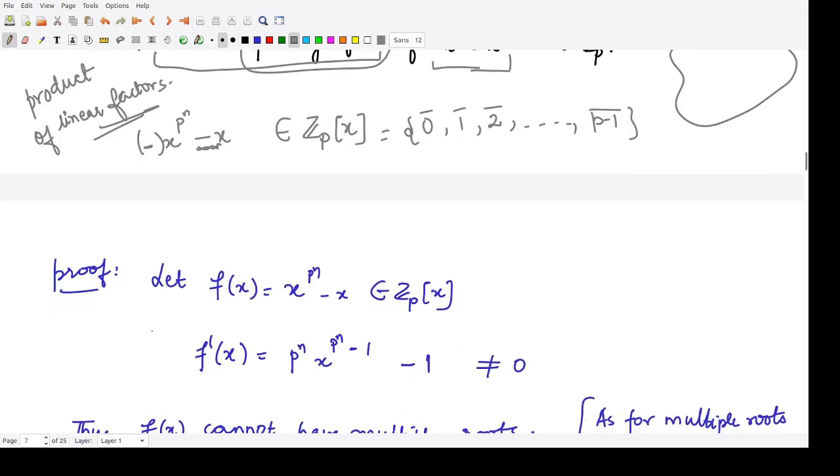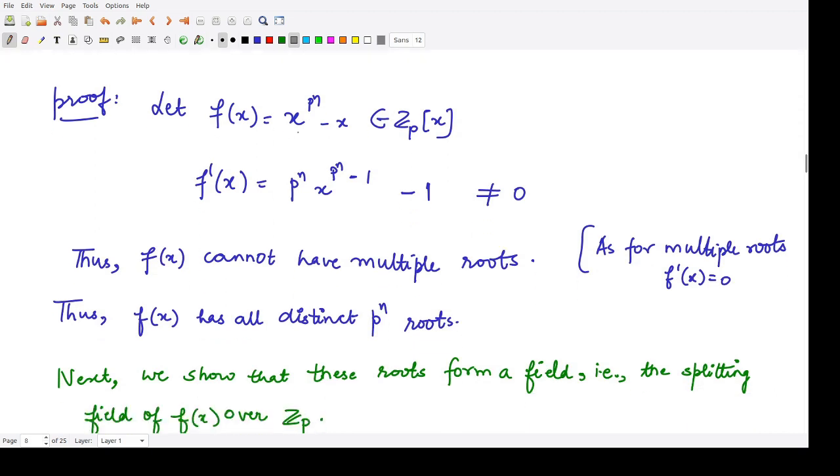So let us see its proof. For the proof, we name this polynomial x to the power p^n minus x as f of x. So what would be its derivative? The p^n would come in front, and we would have x to the power p^n minus 1, and the derivative of minus x would be minus 1. Now this quantity won't be equal to 0, because we have minus 1 here and p^n is not equal to 1 in Zp.